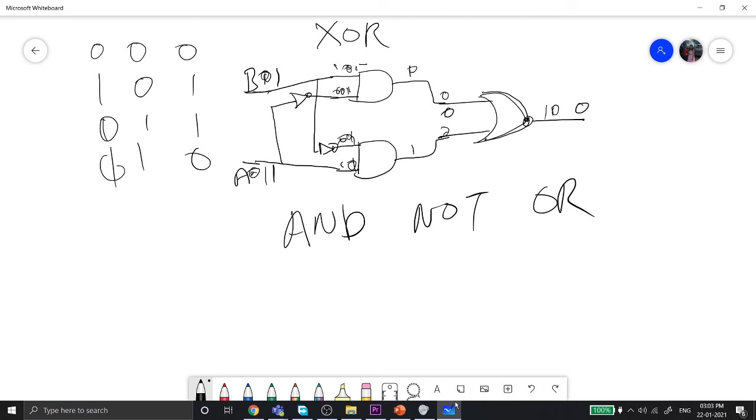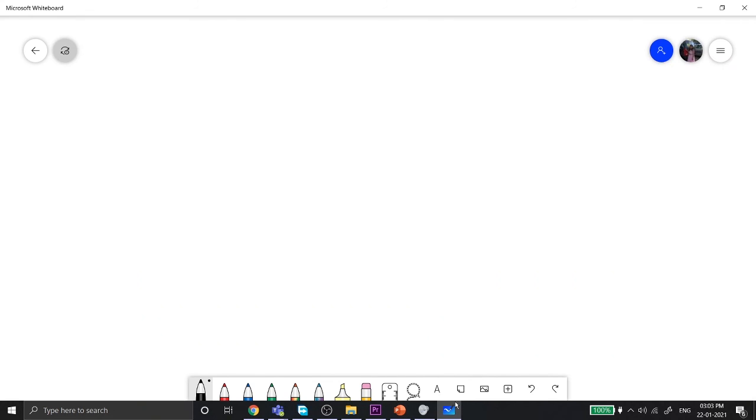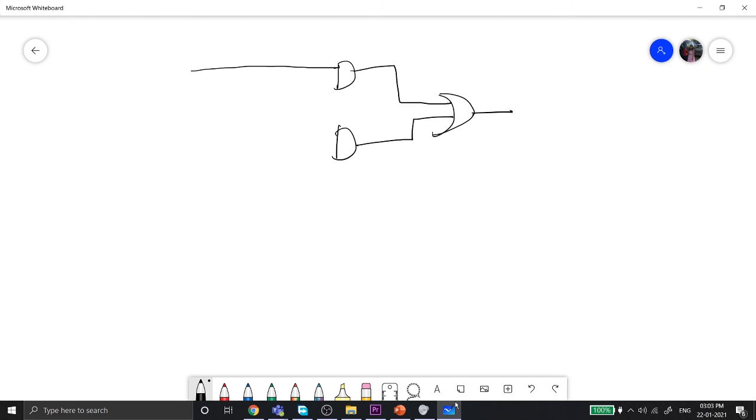If this was a bit confusing to you, I'll do it again. So let's start with an OR gate, and let's connect two AND gates' output to this OR gate, and let's connect these to A and B. I'm going to invert this B input using a NOT gate and connect here, and I'm gonna invert this input using a NOT gate and connect here.